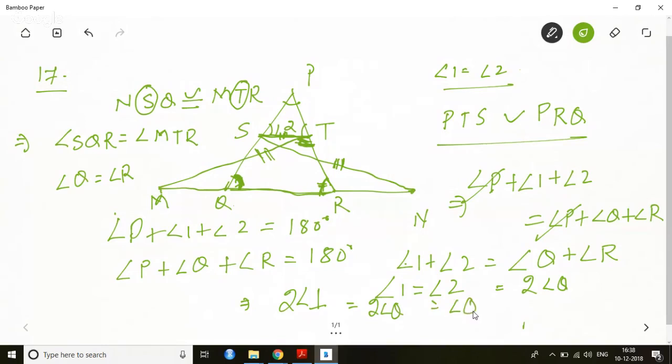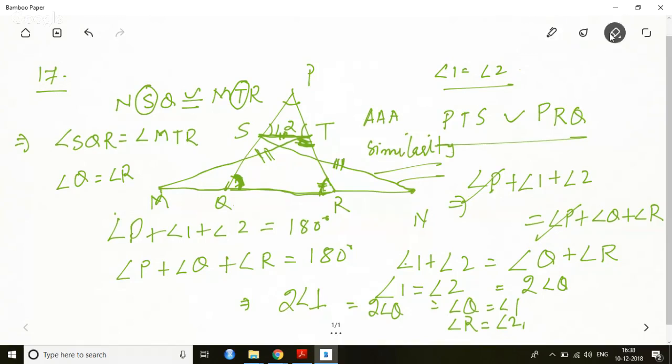So angle Q is equal to angle 1, and similarly angle R would be equal to angle 2. So I have proved that angle Q is 1 and angle R is 2. P is common. So I have angle similarity, and that's how you have to prove the 17th question.